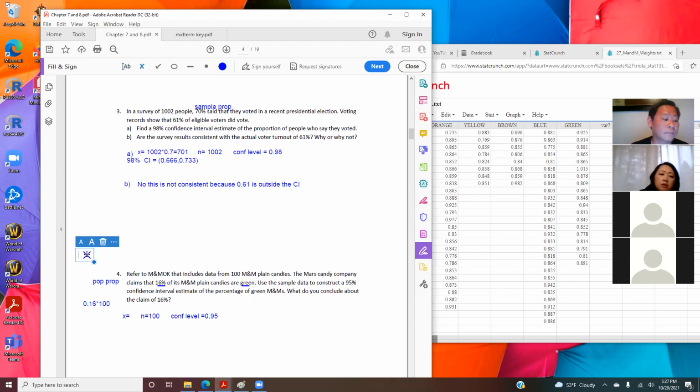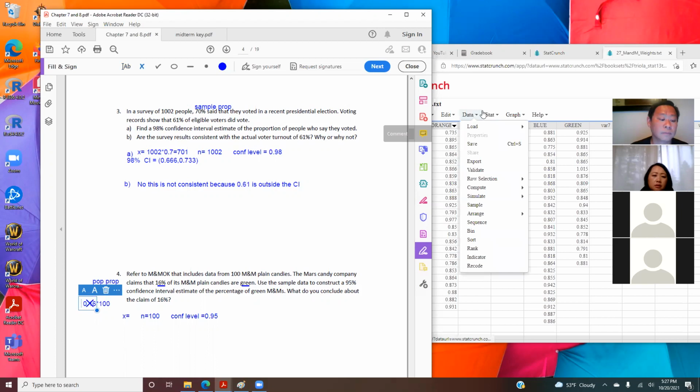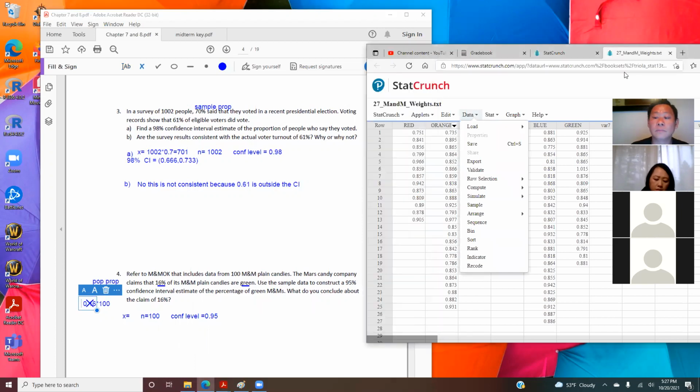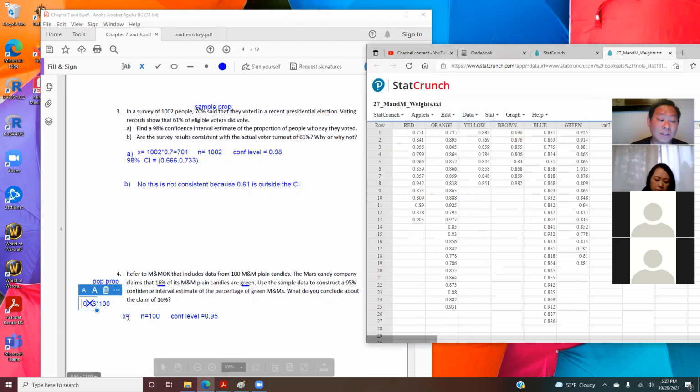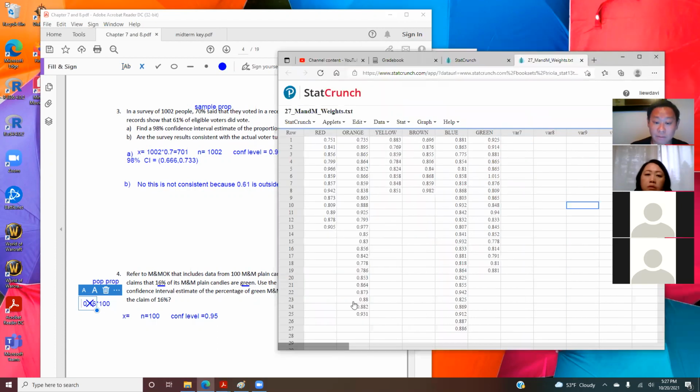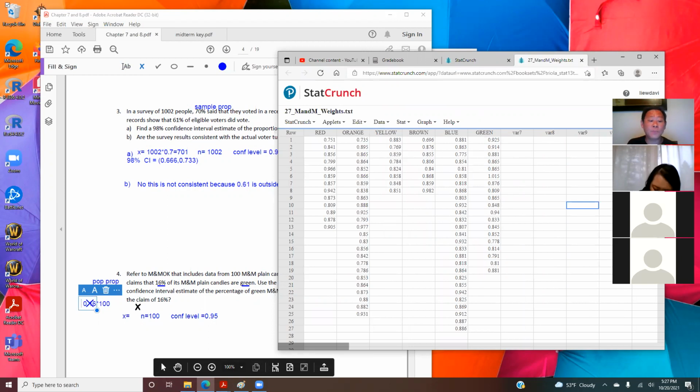So what's 100 minus 16% then? Nope. And don't forget, this has to come from your sample. Everything that you put here has to be from your sample.